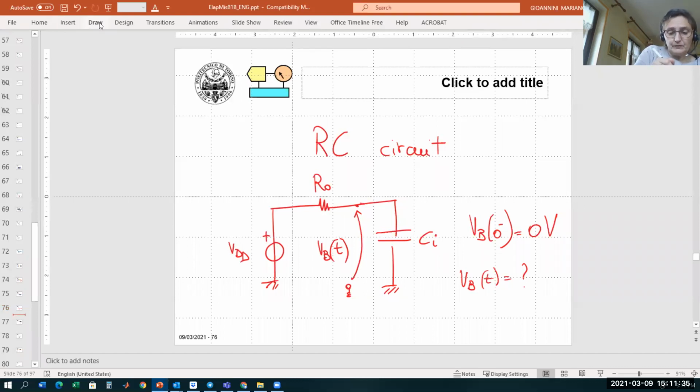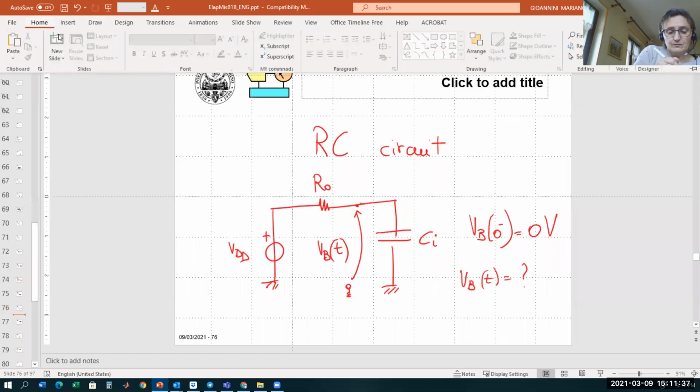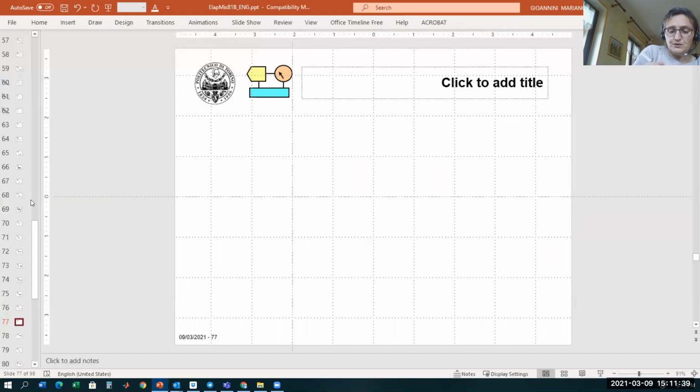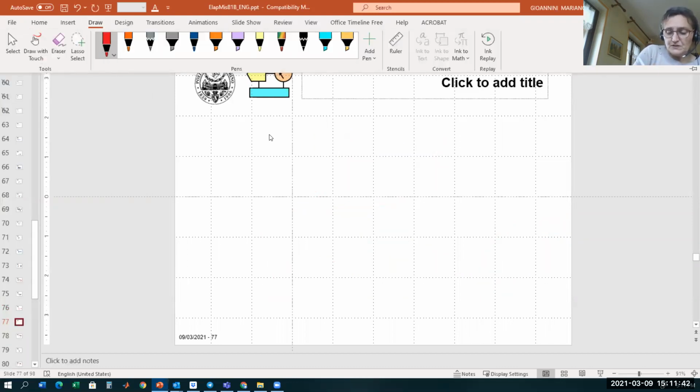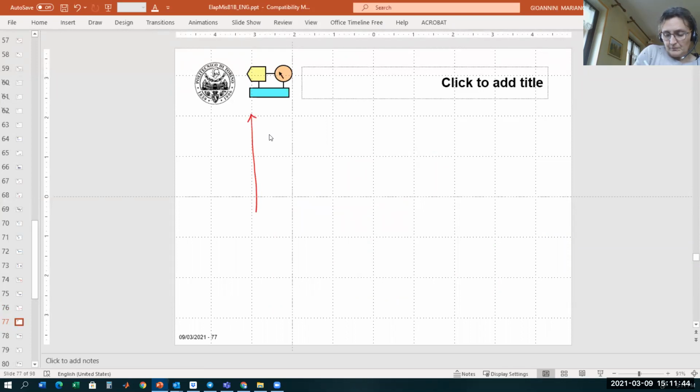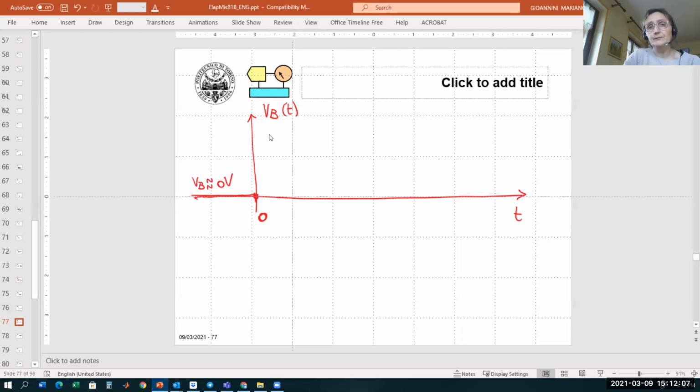So the transient for VB(t) is this one. I start, this is 0, t equals 0. At t less than 0, we assume that VB is very close to 0 volt.